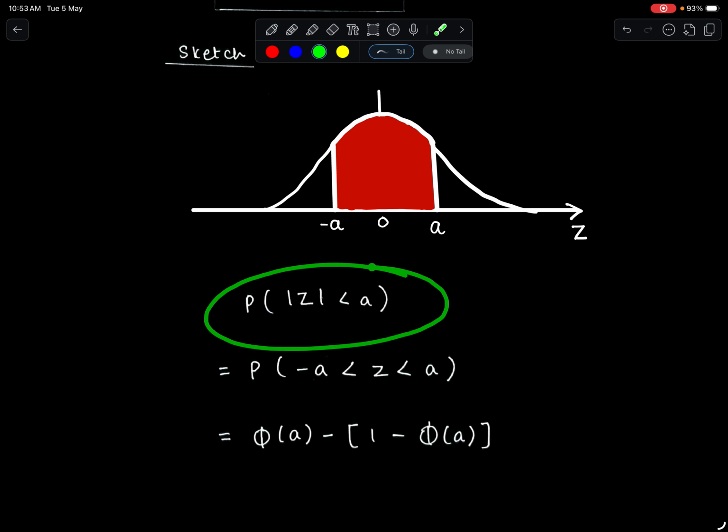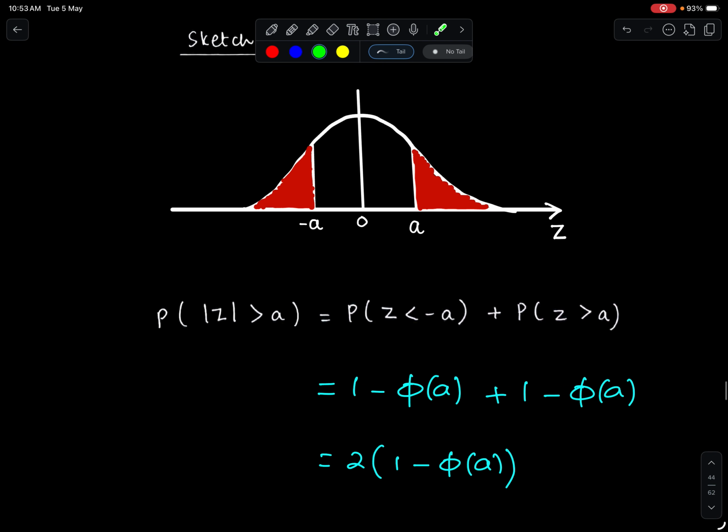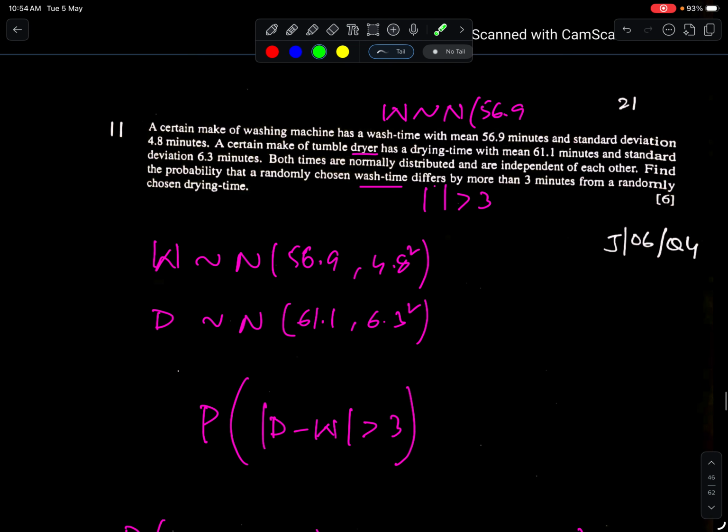If we have a greater than sign, remove the modulus in this way. This area and this area, both are required. So Z less than minus A, and Z greater than A. This is 1 minus phi A, and 1 minus phi A. So 2 times (1 minus phi A).